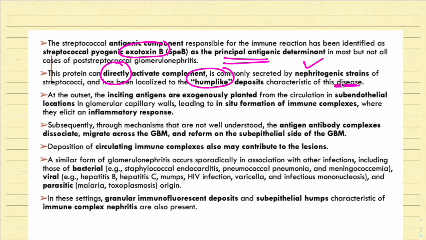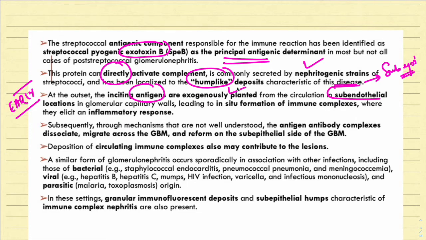Okay, so these hump-like deposits, very importantly, are nothing but the subepithelial deposits. Now very important, early in the course of the disease, the inciting agents are planted exogenously from the circulation in the subendothelial location. So the initial immune complex that you will see is in the subendothelial location in the initial cases.